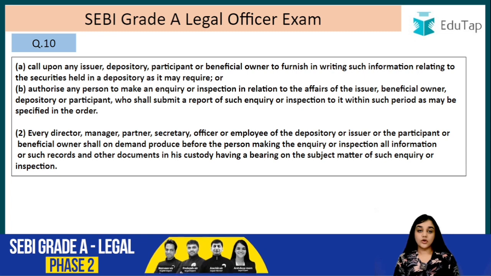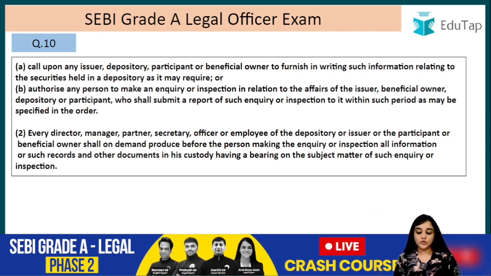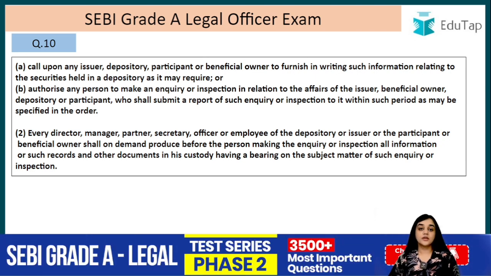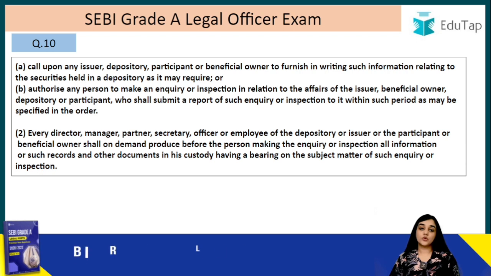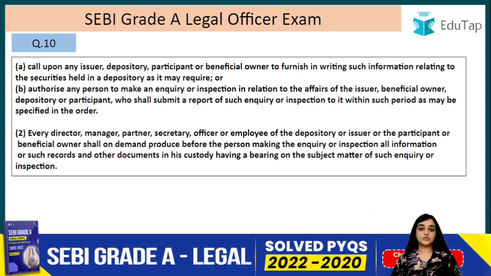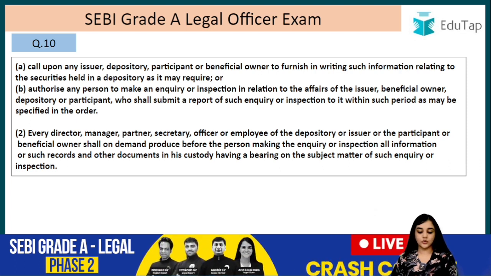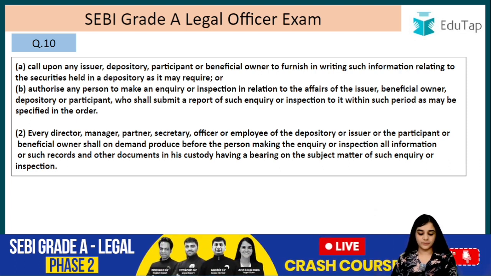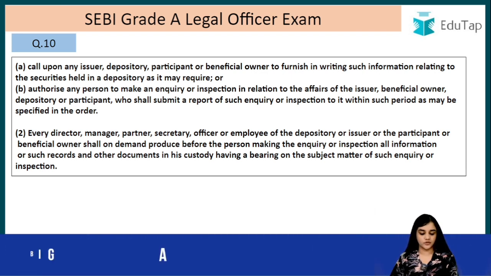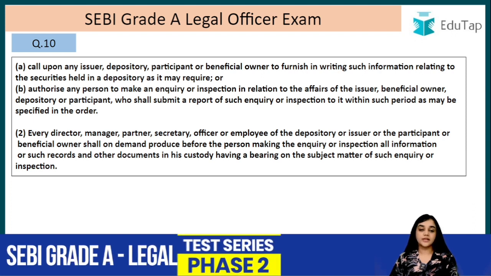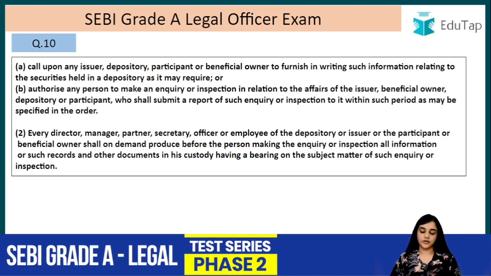Second, they can make an order to authorize any person to make an inquiry or inspection in relation to the affairs of the issuer, beneficial owner, depository or participant, who shall submit a report on such inquiry or inspection within such period as may be specified in that order.